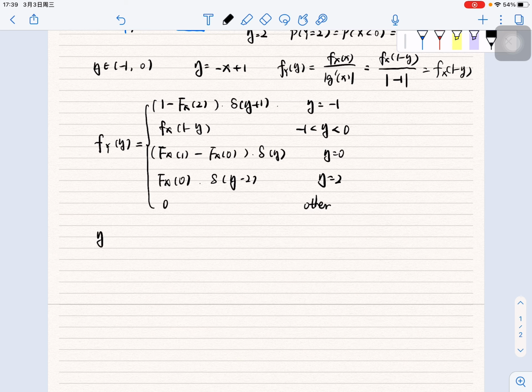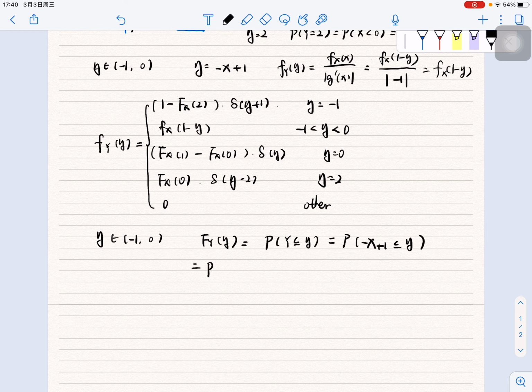Also, in the interval minus 1 to 0, we can calculate the distribution function Fy(y), which equals the probability capital Y is less than y. We can replace it with y equals minus x plus 1, and get the probability of minus x plus 1 less than y.